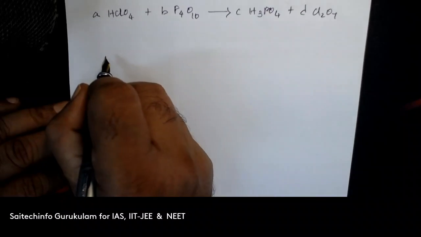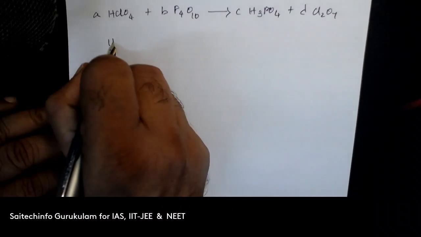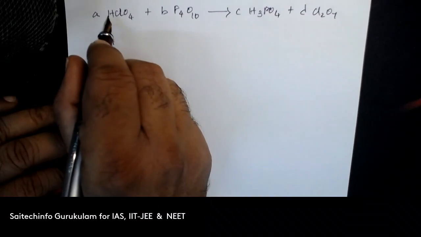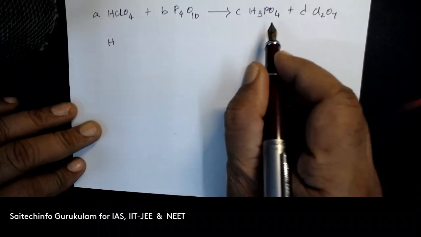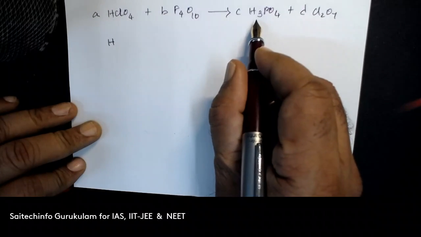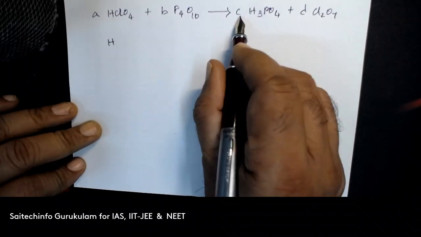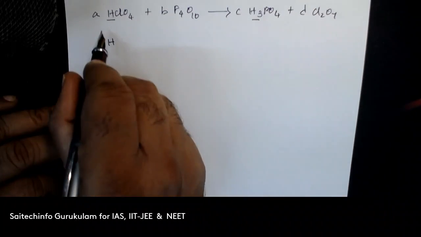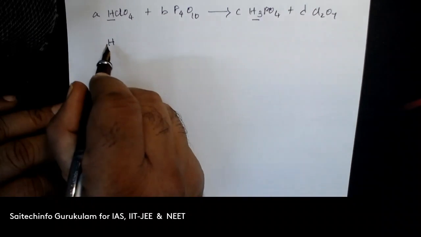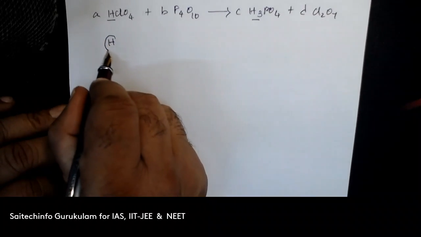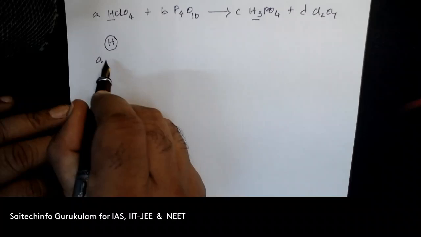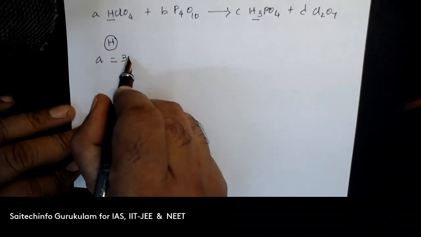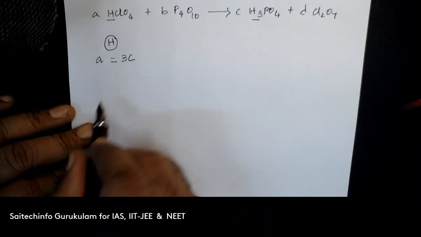Now let us consider the element hydrogen. The reactant side has A hydrogen, and the product has 3C hydrogen. So A moles of hydrogen is equivalent to 3C moles of hydrogen.